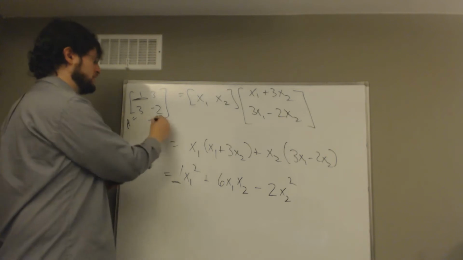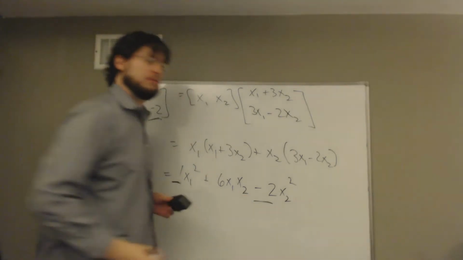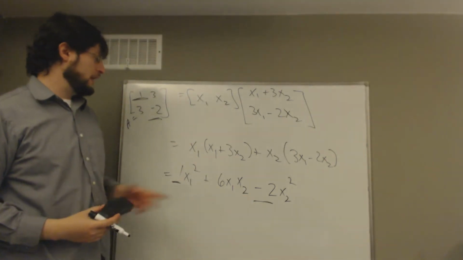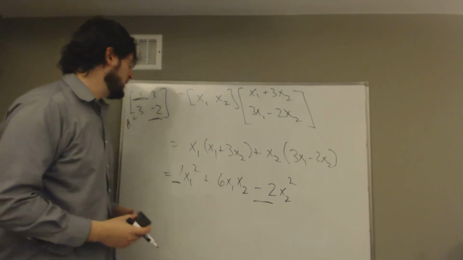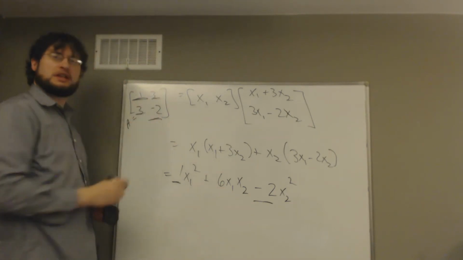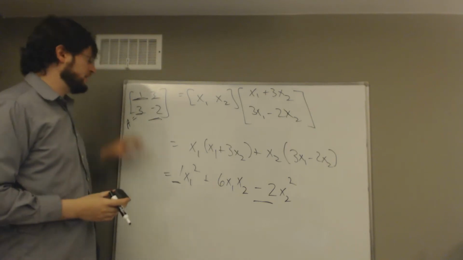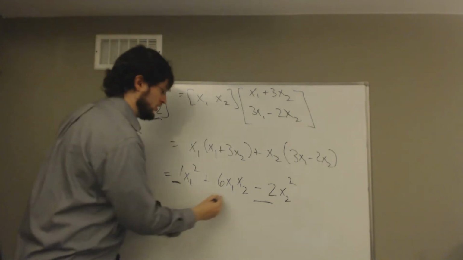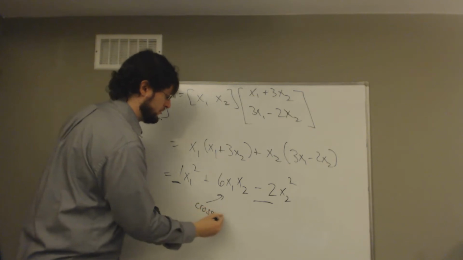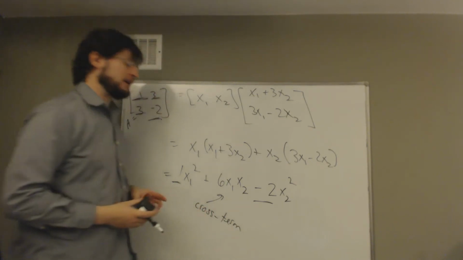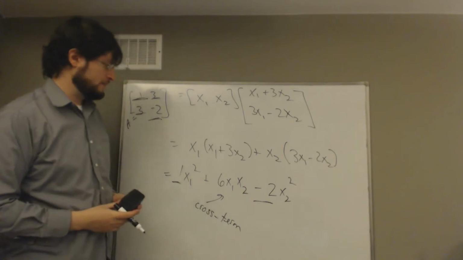This diagonal entry -2 corresponds to the minus 2 in front of x2. And where does the 6 come from? Well, it comes from the 3 and the 3 that are on the opposite diagonal. All right, so this is the cross term. This is called our cross term because it has both x1 and x2 in it.